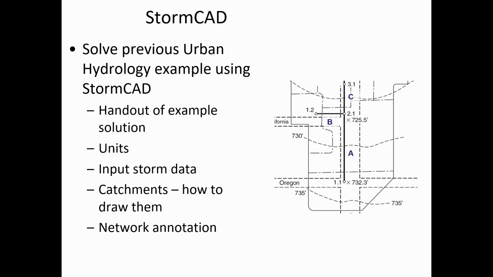It's a good approach: anytime you're using a new, automated method, give it a reality check with an old method that's maybe more labor intensive, but one that you know is reliable and where you understand all the equations that go into it. So we're going to take a tour through StormCAD and solve this to find the required pipe size.